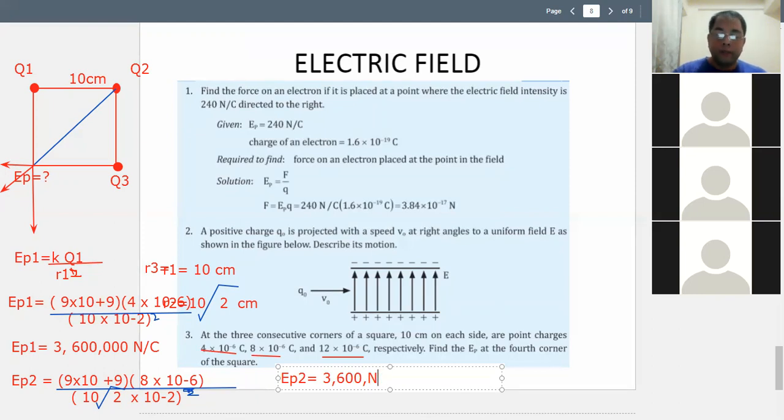Okay, now, what about the last one? Since it is now 3 times the previous value, the distance is the same, but the value will be 3 times. So your E sub P number 3 will be equal to 7,000. I don't know.